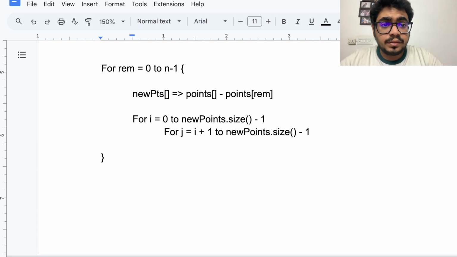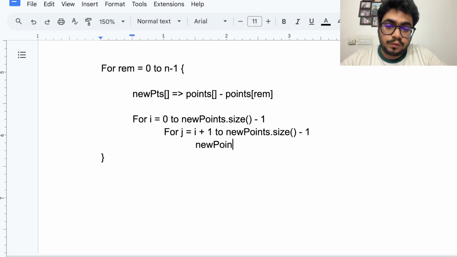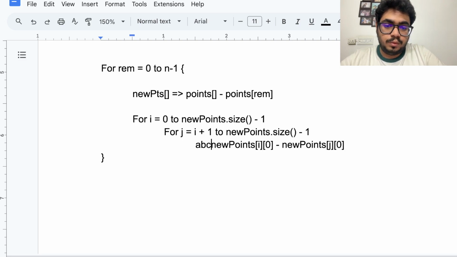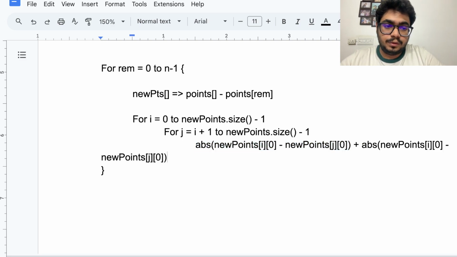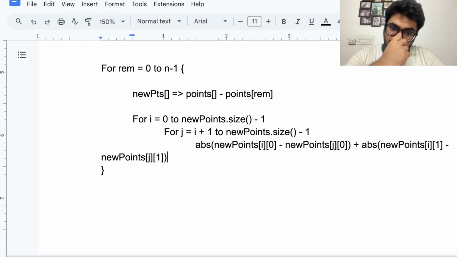Calculate the Manhattan distance. How will the Manhattan distance look? It will look like absolute of new points of i 0 minus new points of j 0, plus, similarly, subtract the second coordinate, so new points of i 1 and new points of j 1.